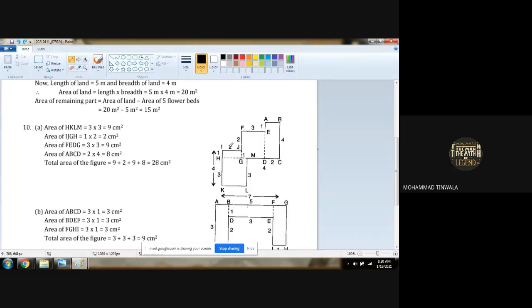Then J, I, H, G will be the third one. Then M, L, K, and H will be the fourth one. Got it?